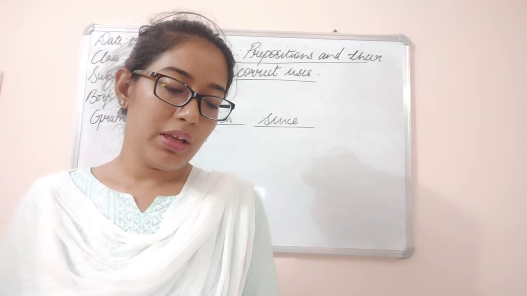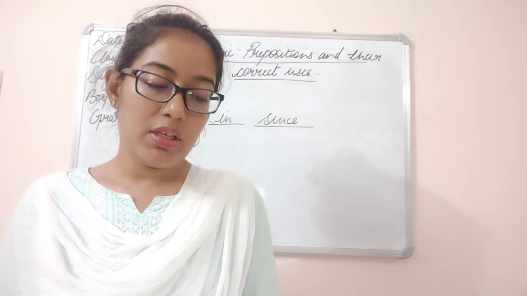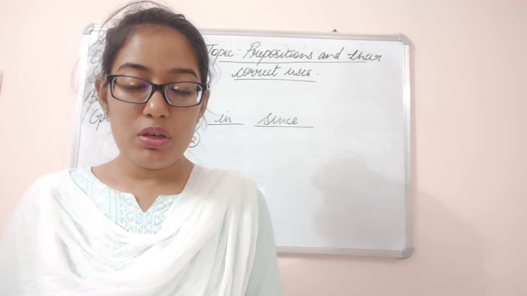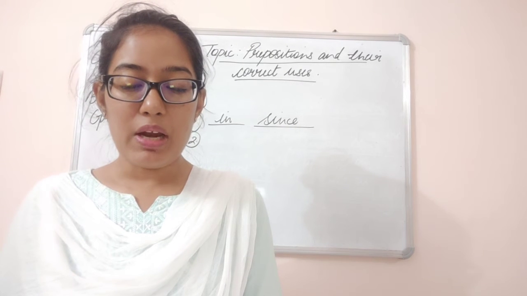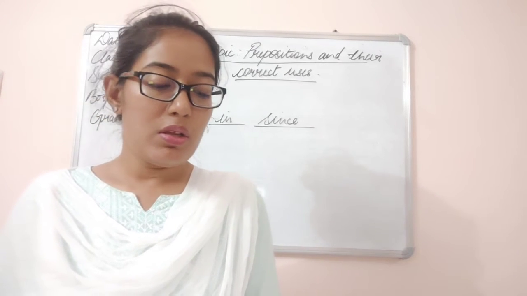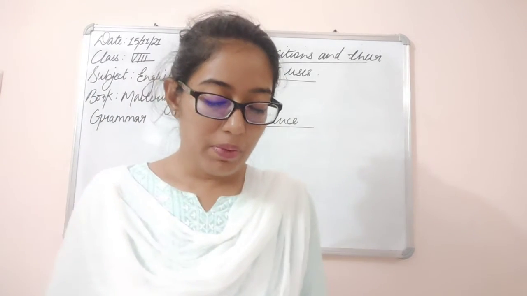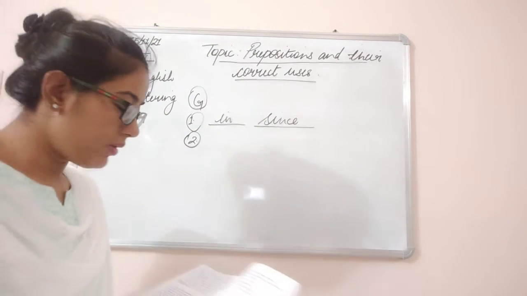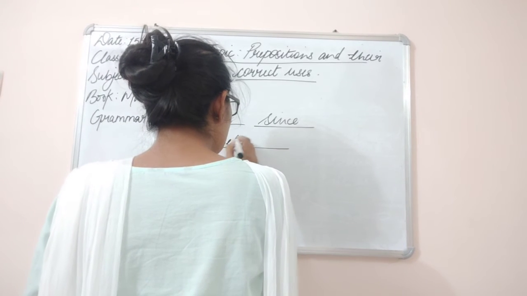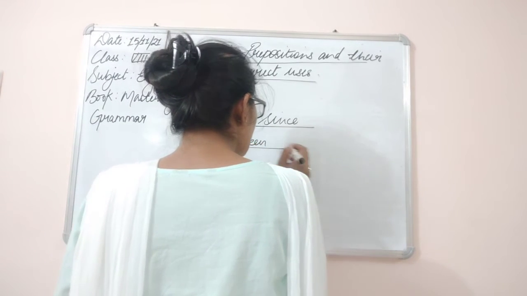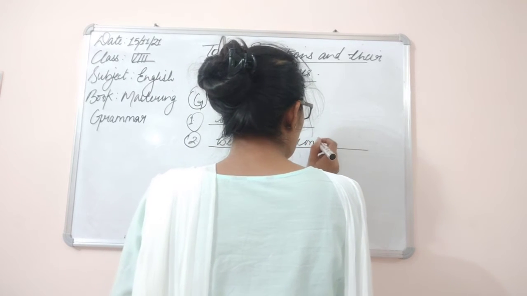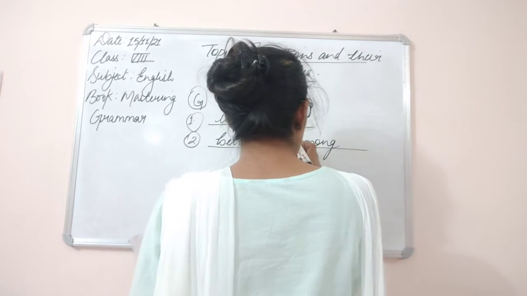The sapling was planted between two neem plants that were among all the tall trees in the park. The first one is between, and the second one is among.